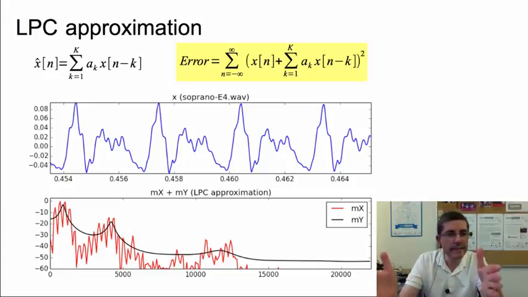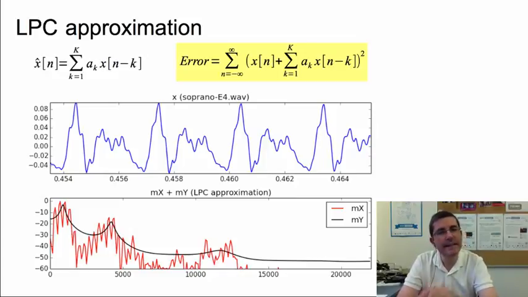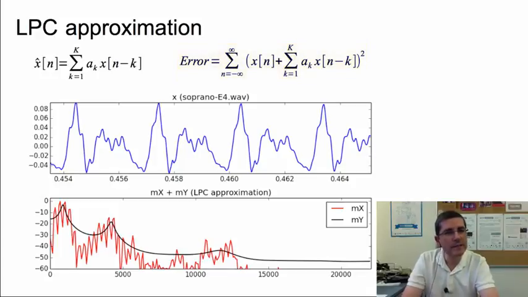But with this error measure, basically we can try to identify the a coefficients that minimize this error signal. Okay, we will not talk about how to actually implement that, but this is a very common approach for obtaining these coefficients, and therefore for doing what we call the LPC approximation.